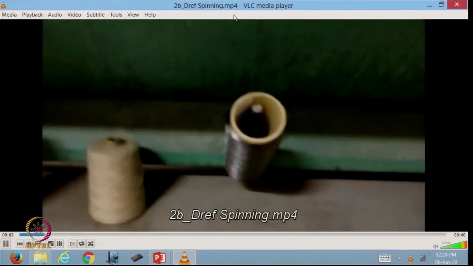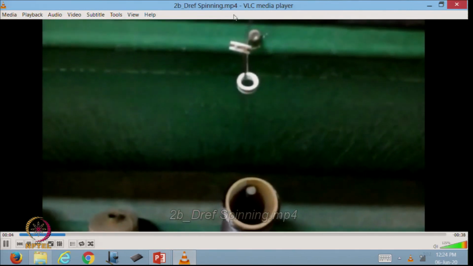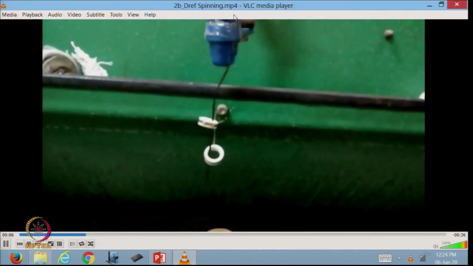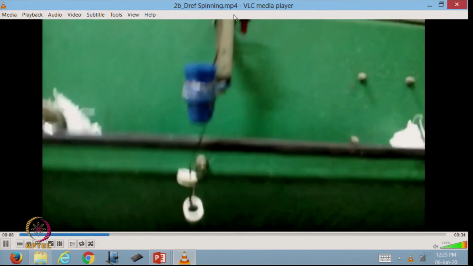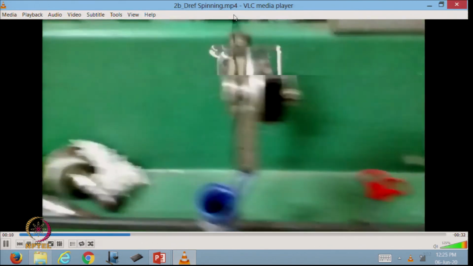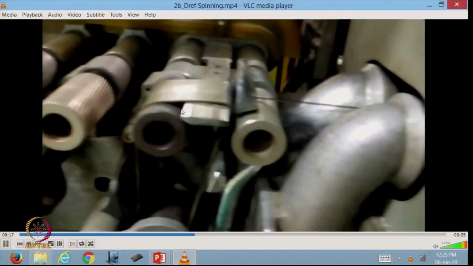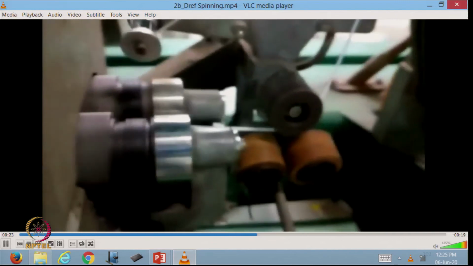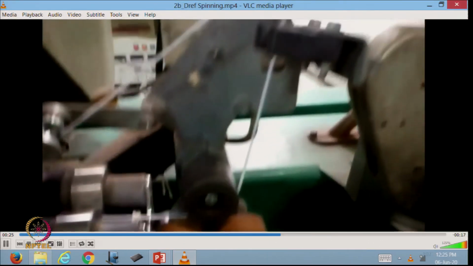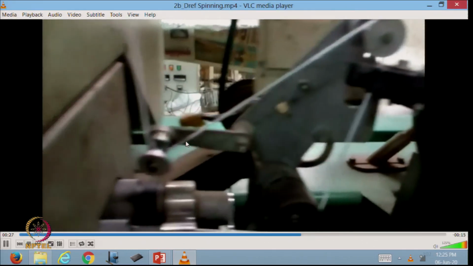This is the DREF spinning process to form the hybrid yarn. This is the carbon tow, going to drafting unit 2 at the front roller. From the front roller it is fed in, and finally the polypropylene is wrapped here.